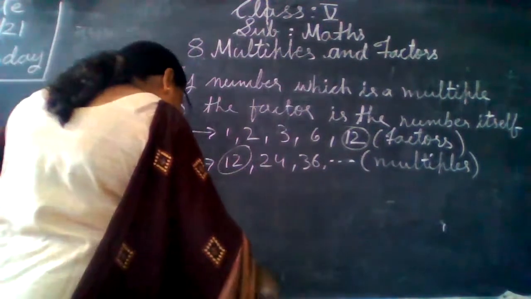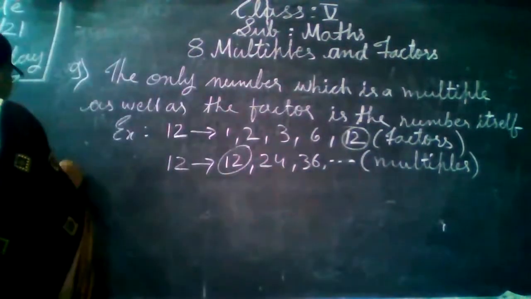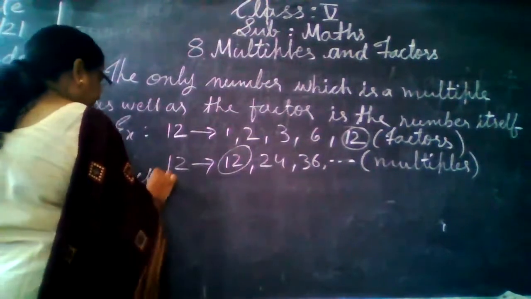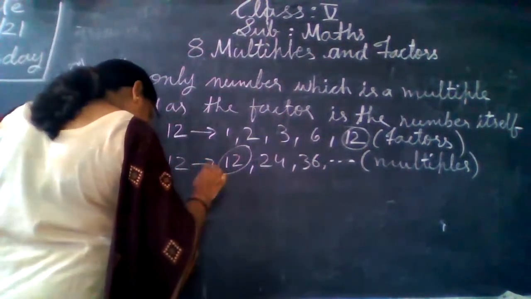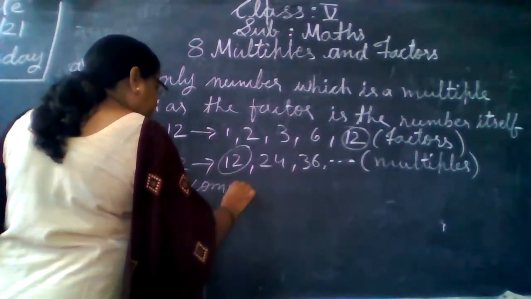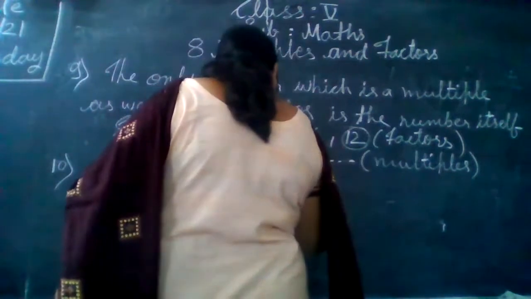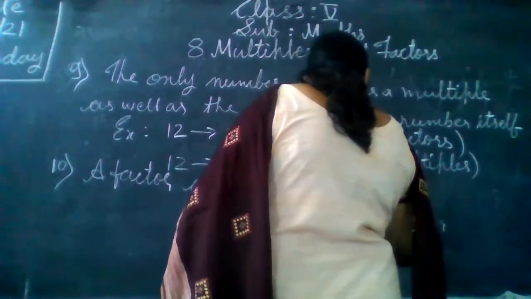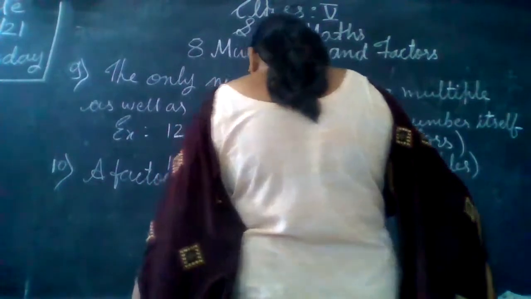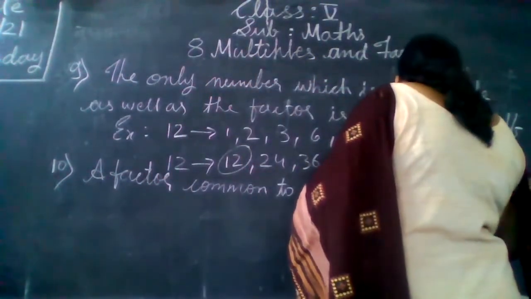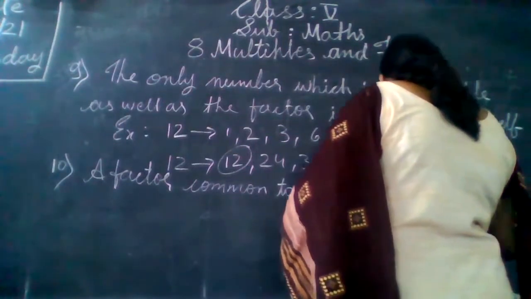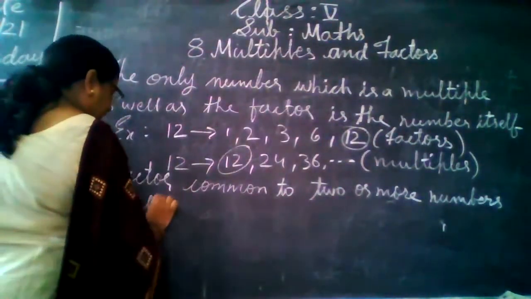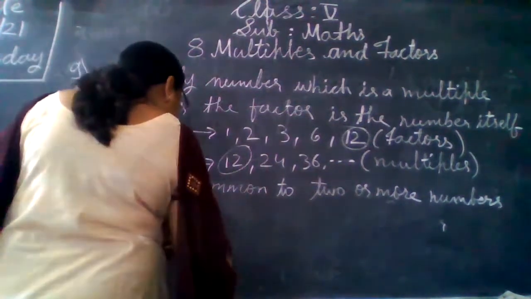Now see the next and the last point. A factor common to two or more numbers is called a common factor.